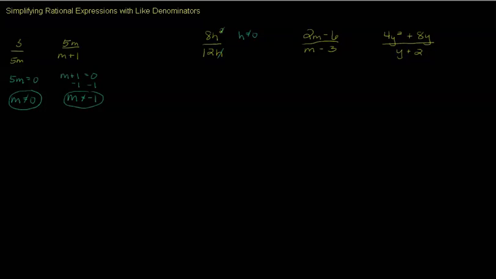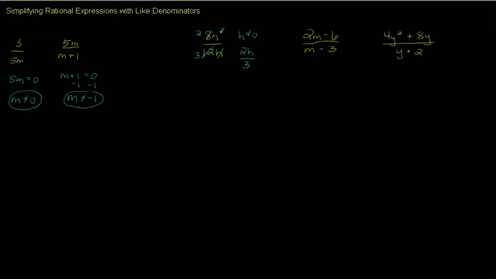So you're going to have h on top. Now we're going to reduce the numbers. What would go into both 8 and 12? Well, we can divide both by 4, so this would be 2 and 3. So we'd be left with 2h over 3. And again, that's all you can do. You can't reduce that anymore.